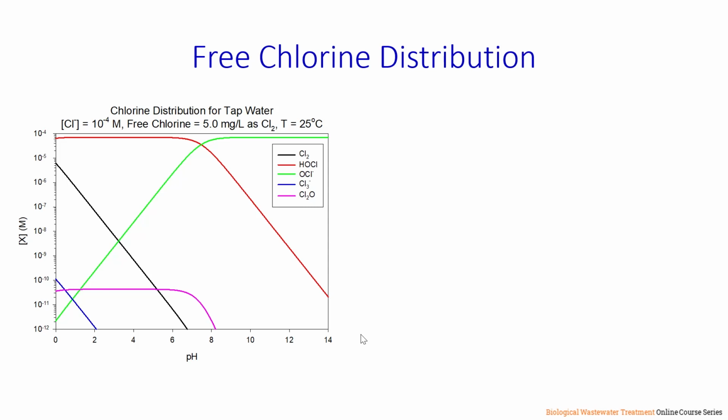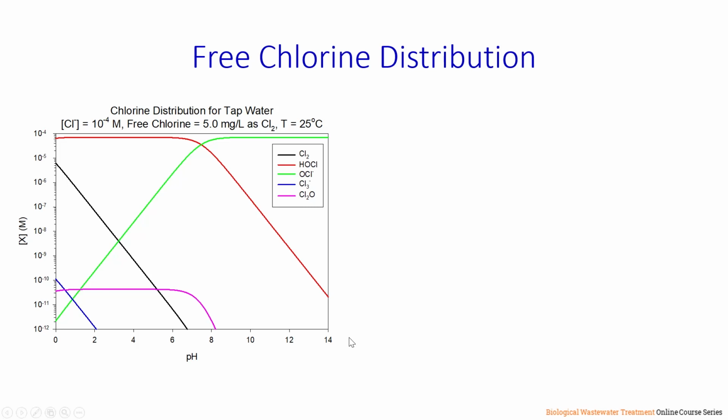In this calculation, I've assumed a chloride concentration of 10 to the minus 4 molar, which is sort of representative of a tap water sample. I've assumed also that we've applied 5 milligrams per liter of chlorine as Cl2, and this experiment is assumed to have taken place at 25 degrees C.